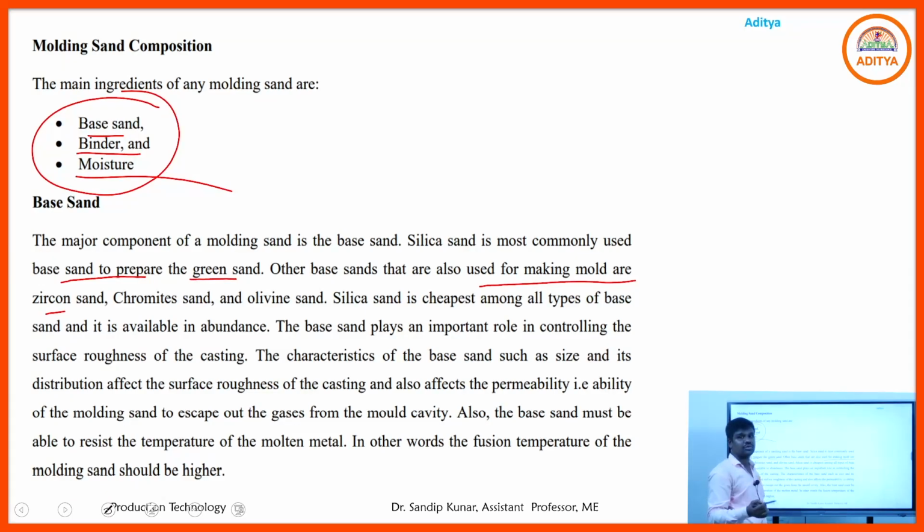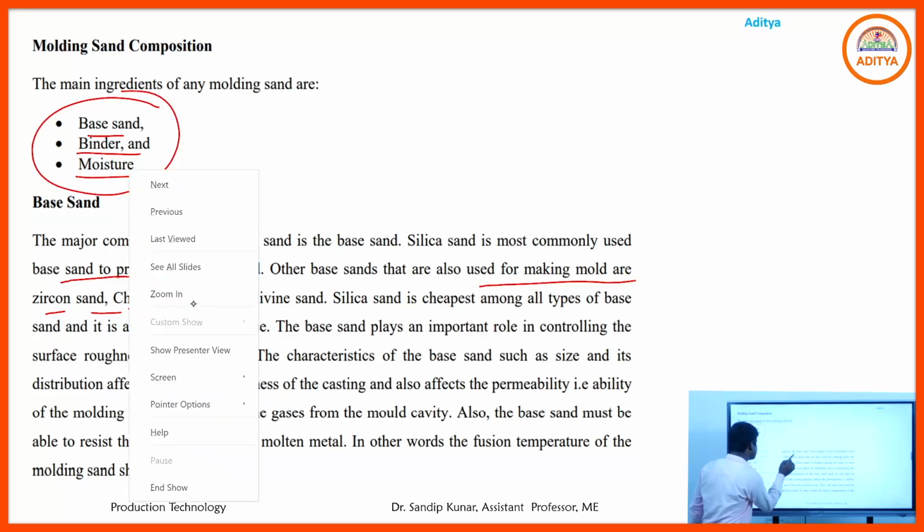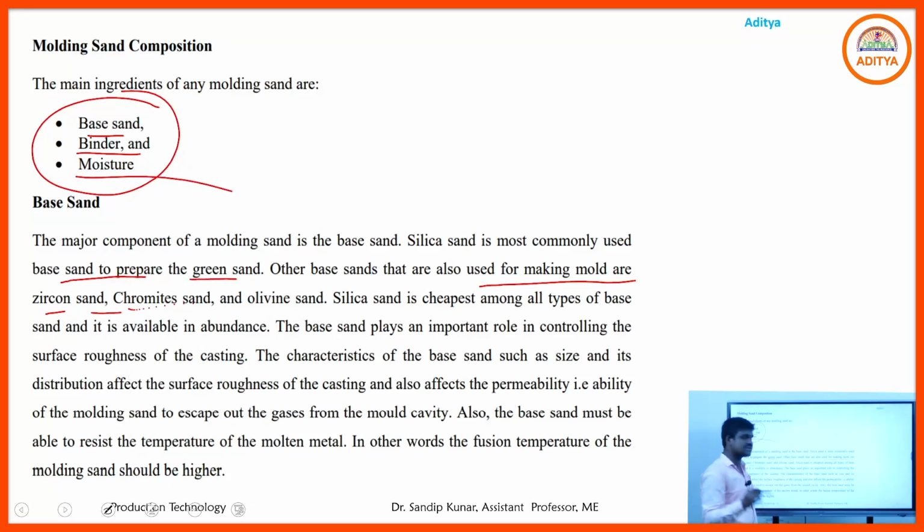Sometimes we use other types of sand, such as zircon sand, chromite, and olivine sands. Those types of sands are also used for special casting processes. Silica sand is easily available in nature, and its cost is also low.